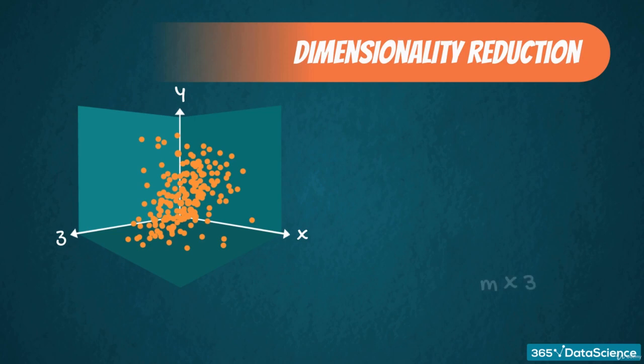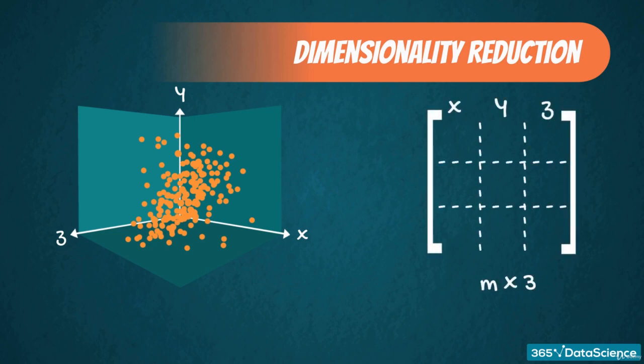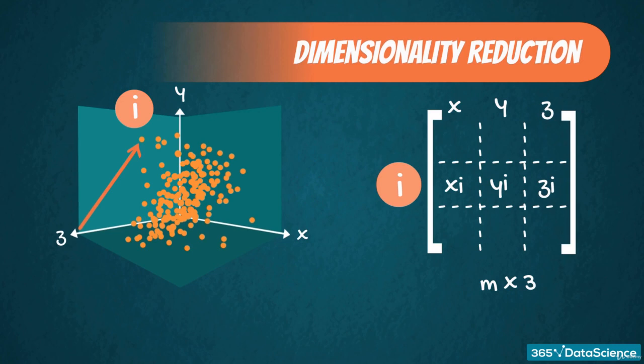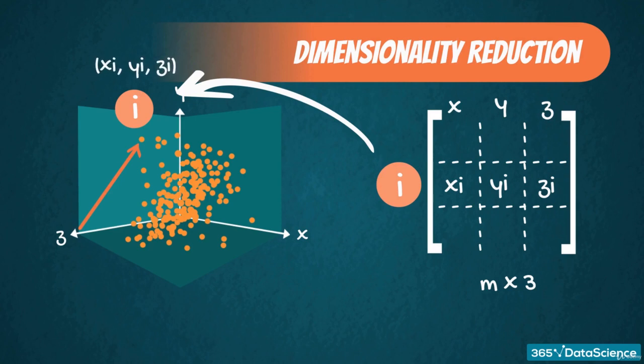Therefore, we are dealing with an m by 3 matrix. So, the point i corresponds to a vector xi, yi, and zi. Note that those three variables, x, y, and z, are the three axes of this plane.